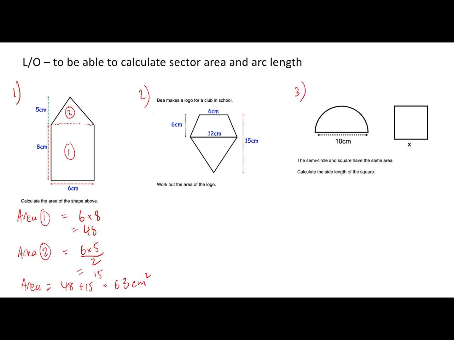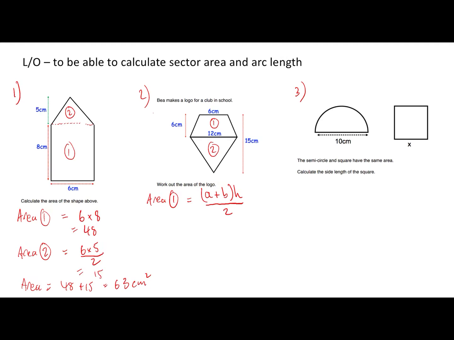Second one. Again, we're going to split it into two shapes. We're going to try and find the area of this logo. Now, shape 1 is a trapezium. You have to try and remember the formula for the area of a trapezium, which will not be given to you in an exam. So it's A plus B times the height divided by 2. A and B are the pair of parallel sides in the trapezium.